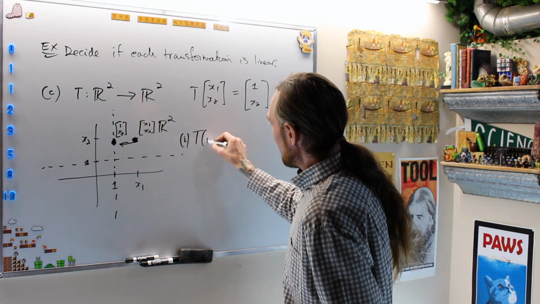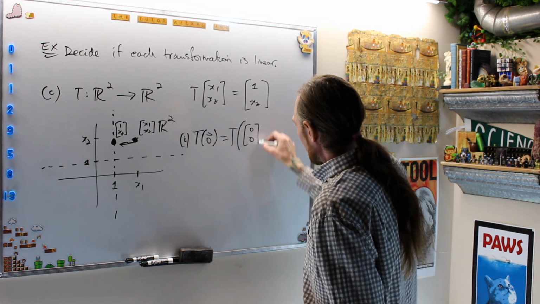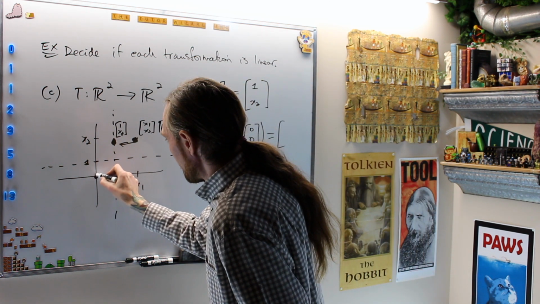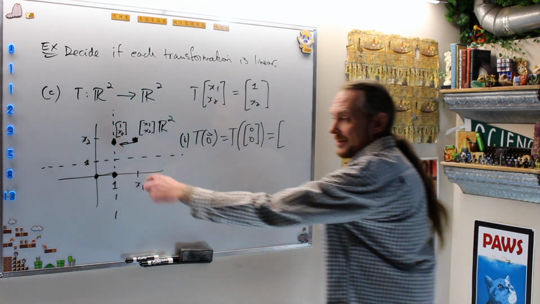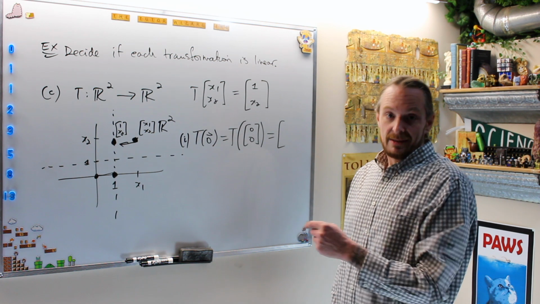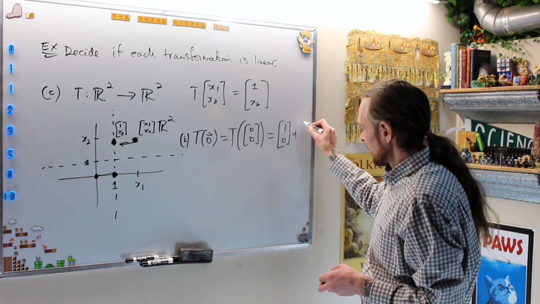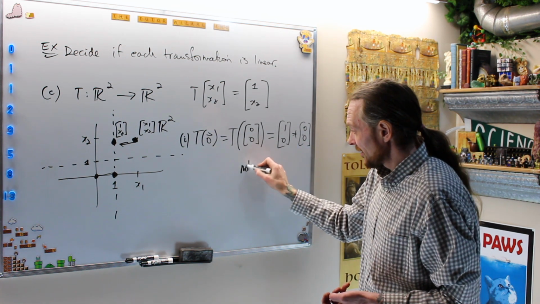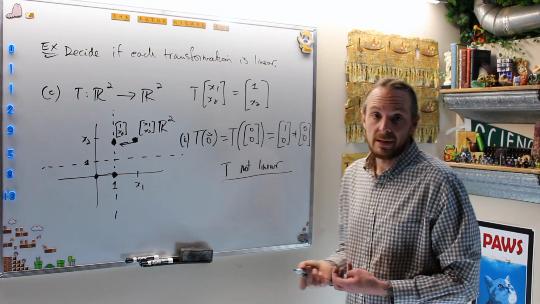T of 0 is T of 0, 0, which gets sent to 1, 0. So it didn't send it to itself. 0 should be a fixed point if you're an operator. But it sends me to 1, 0, which is not itself. So it's not a fixed point. So T is not linear. You're done.